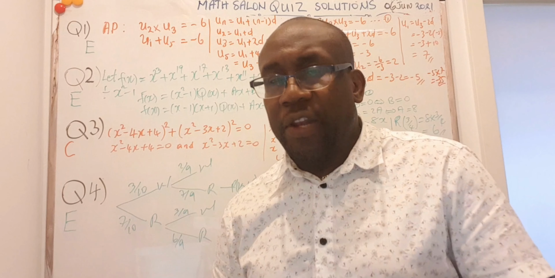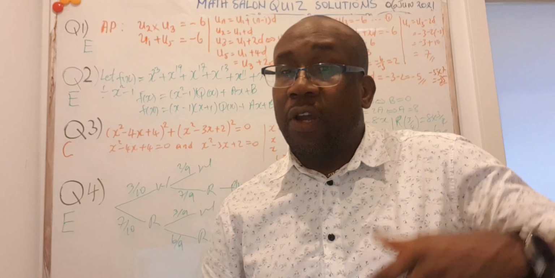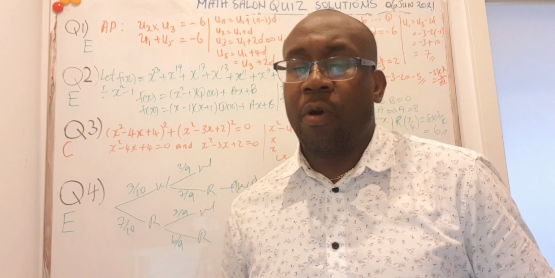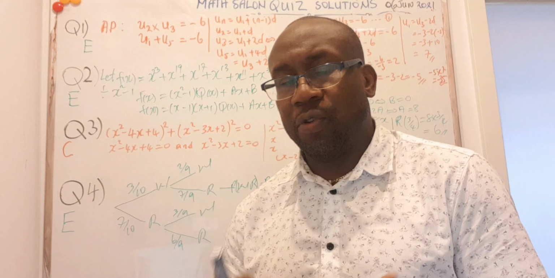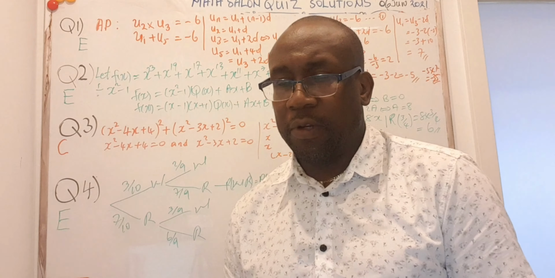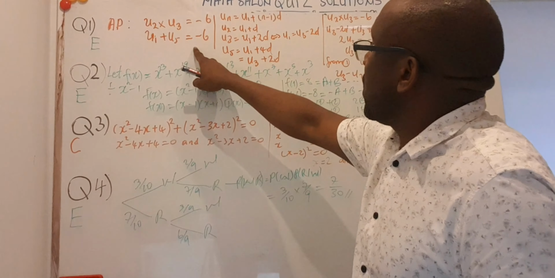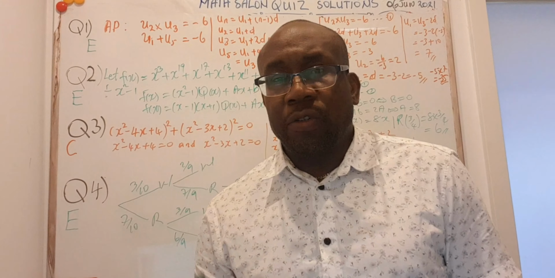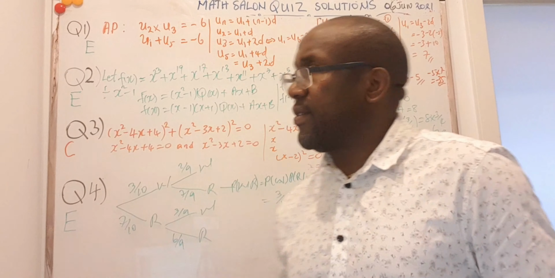I've already solved many other videos within the Math Salon channel, so you can go and watch them and you will see the background. There I elaborate more. But today the intention is just to give you the solution to this problem, giving as much information as possible. So if that information was given, you are then asked to look for the product of the first term and the common difference.